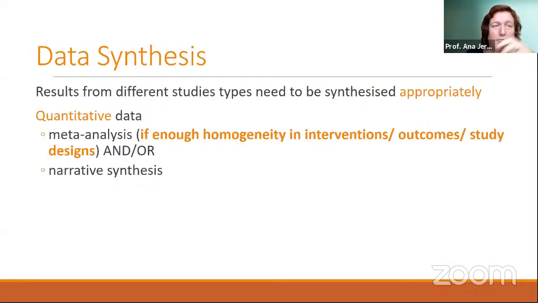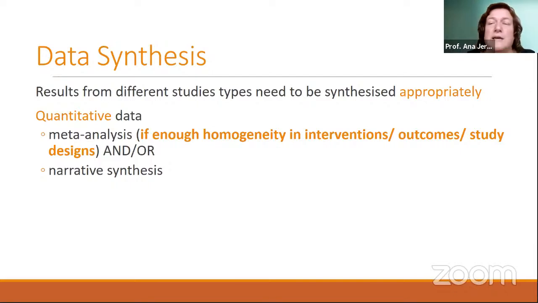So, as I said, for quantitative data, we do meta-analysis. However, we really need to make sure that the studies we are going to meta-analyze are similar in that they are investigating the same phenomena.